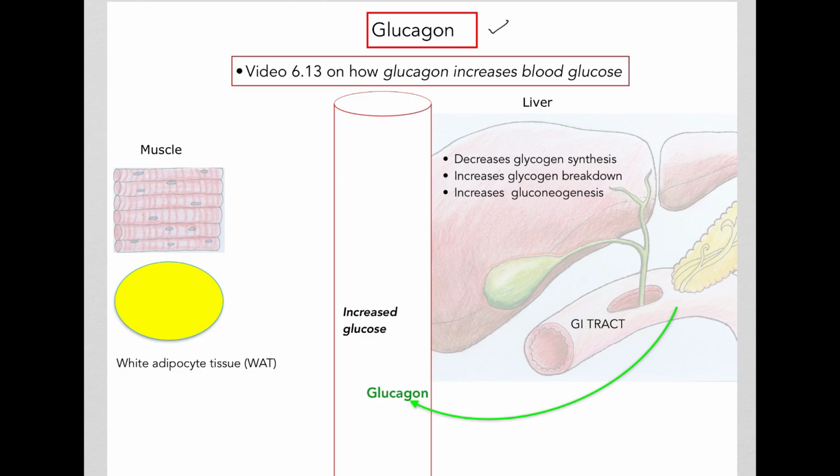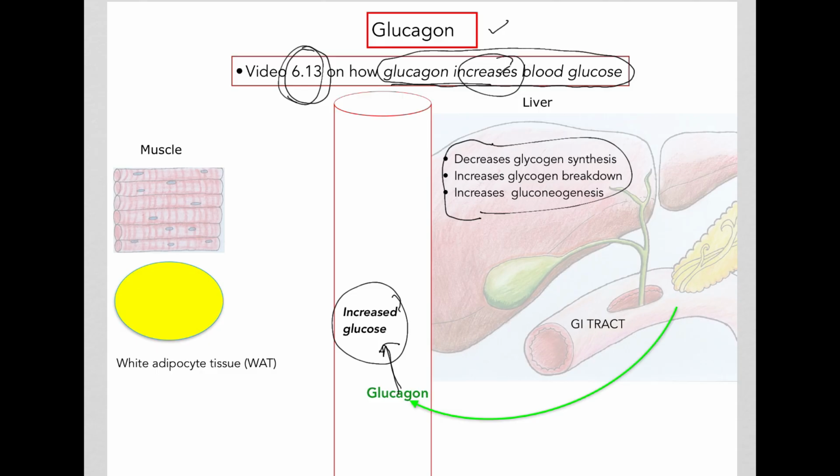In video 6.13, we showed the effects of glucagon on the body, and how glucagon increases blood glucose. So while insulin decreases blood glucose, glucagon increases your blood glucose. For review, you can go back to video 6.13 and review how glucagon affects the body, how it causes increased blood glucose due to various effects on the liver.